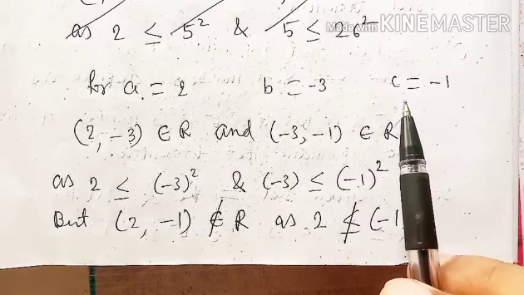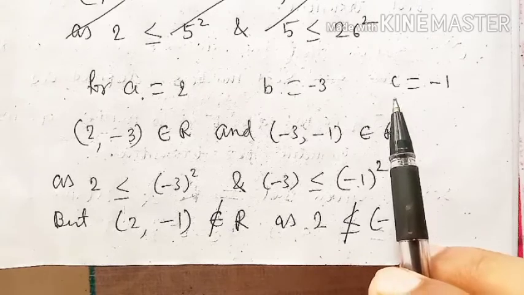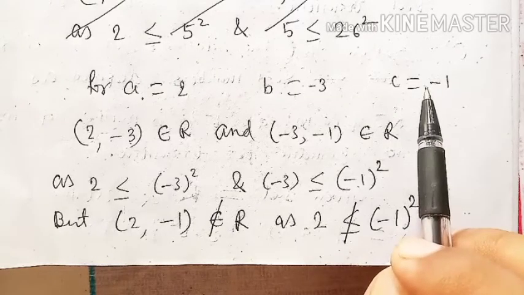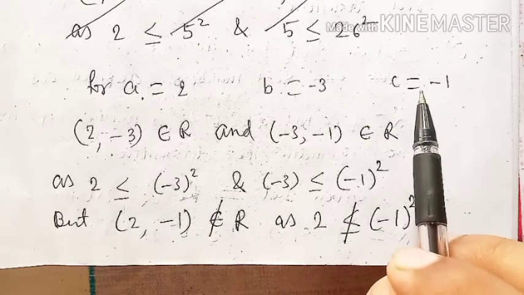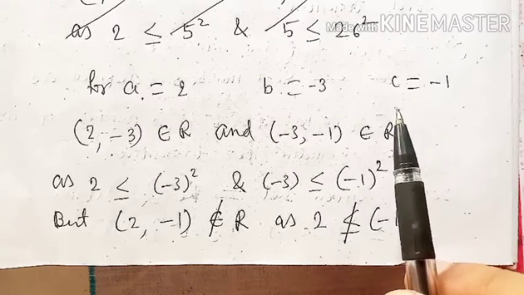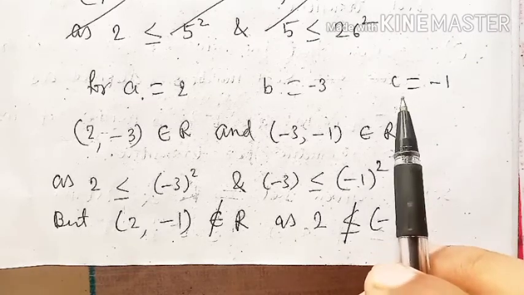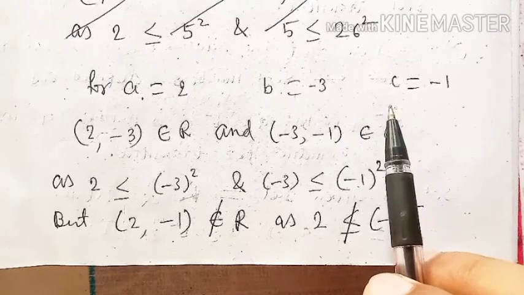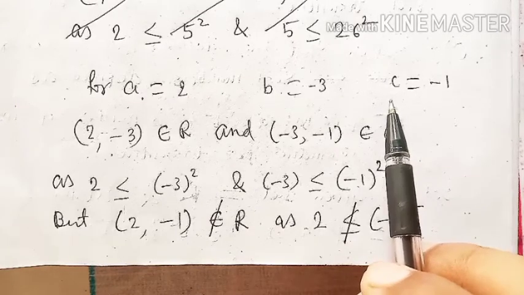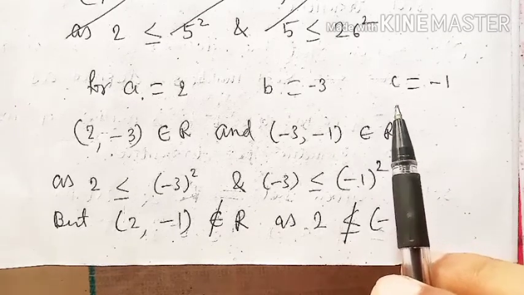So we have to think and take positive, negative or positive numbers here. We have to produce counter examples so that it does not become transitive.